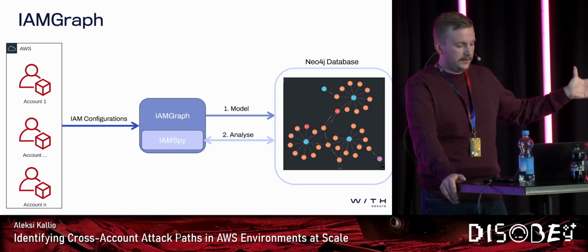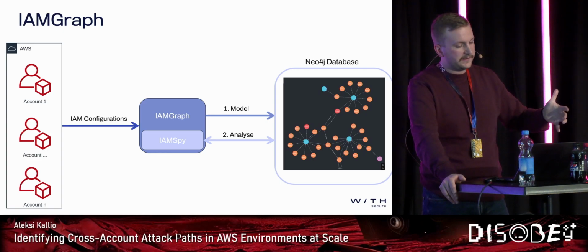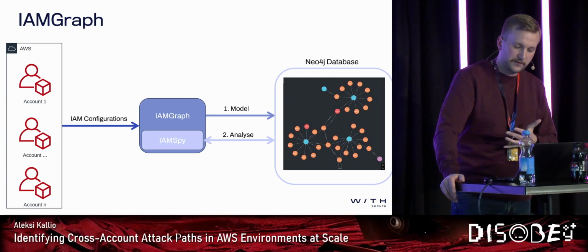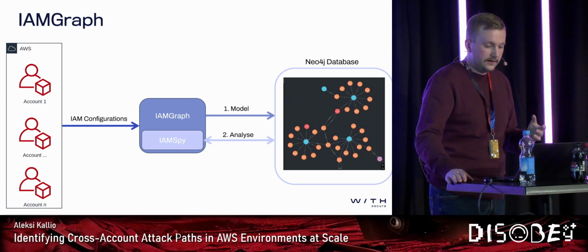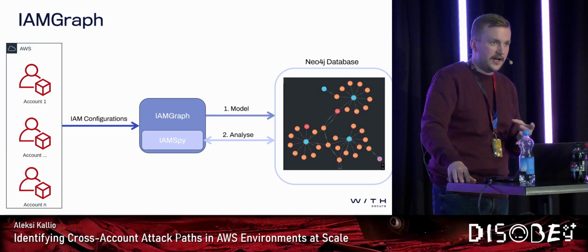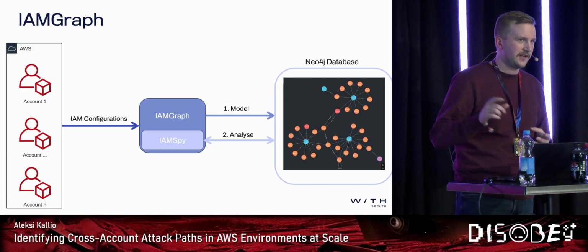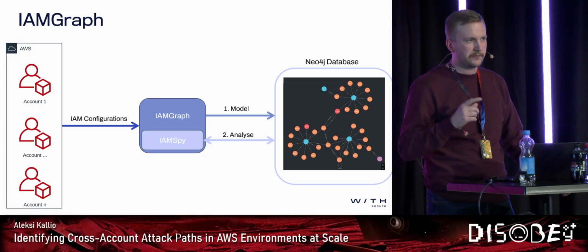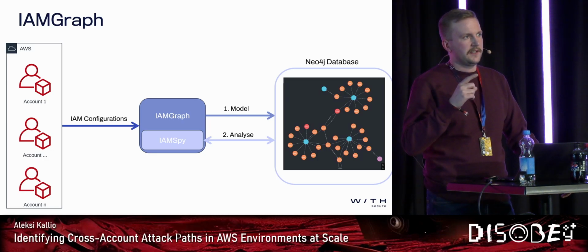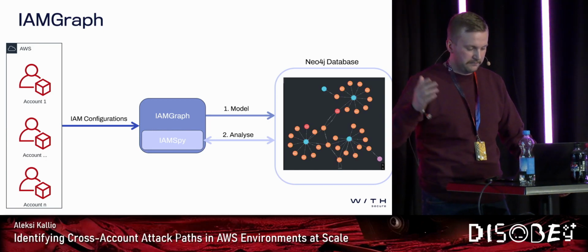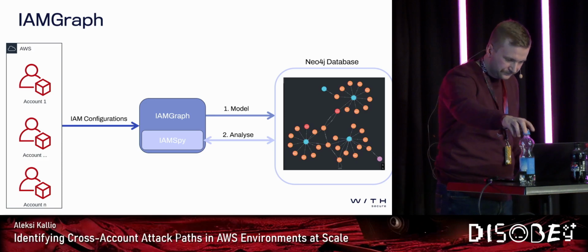Then it takes the IAM configuration data, parses it, and builds a graph model about the environment to a Neo4j graph database. After this, it uses IAM Spy to analyze the generated graph model to identify the effective assume role paths in the environment. So it creates relationships between the principals who can assume roles, and then you can see what can basically assume what in the environment.